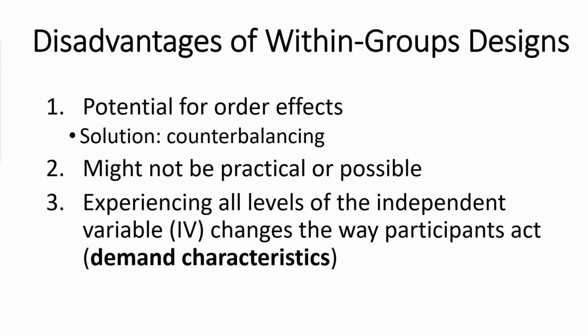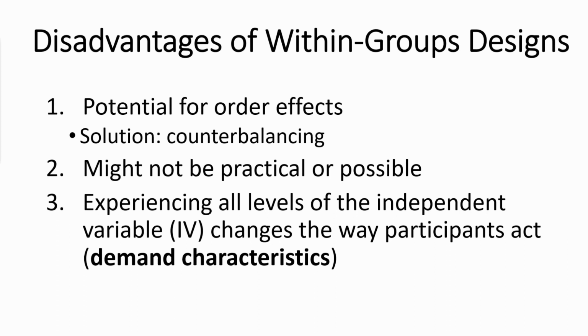The second disadvantage is that sometimes it's not practical or possible to set up an experiment in this method. So for example, if you wanted to look at different methods to teach children to ride a bike, and so method A is one way to teach them to ride a bike, and method B is a different way to teach them to ride a bike. You can't teach them to ride a bike more than once.